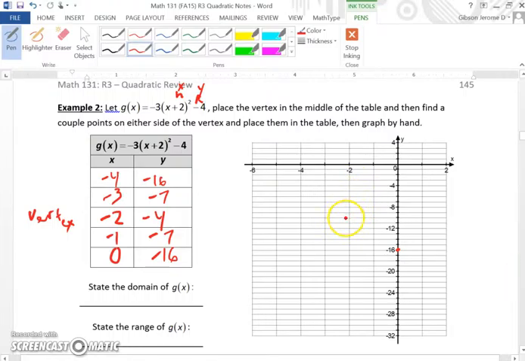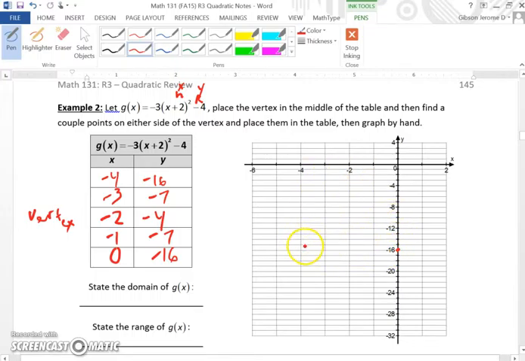And now if you notice, the negative 1, negative 7 disappeared. And then the negative 2, negative 4 disappeared. So it's going to disappear. So I just keep on plotting them. So we had negative 3, negative 7, which would be about here. And then we will have negative 4, negative 16, which would be here. So all of them should match up here.